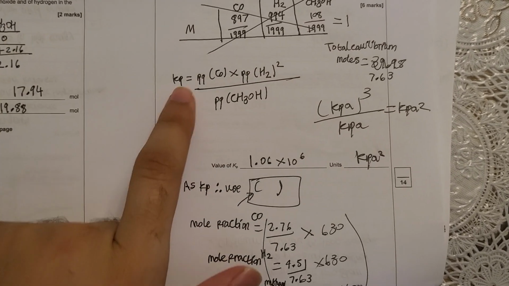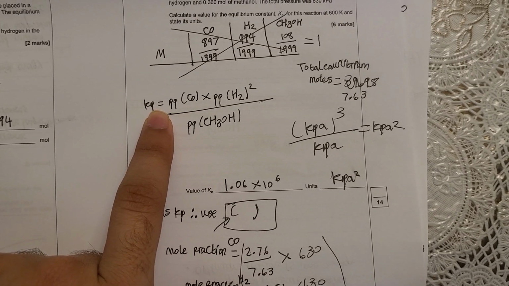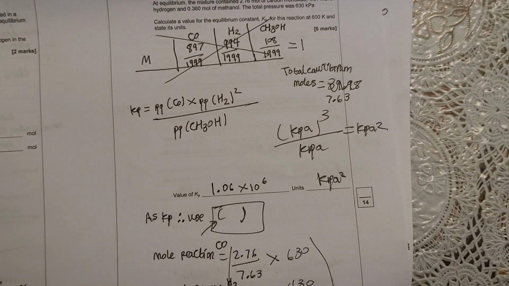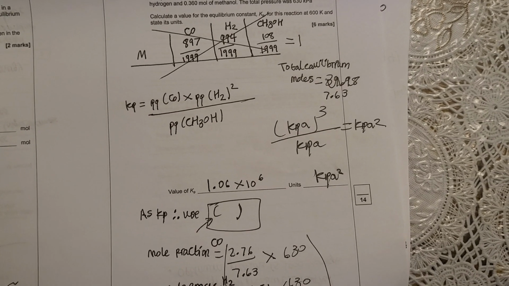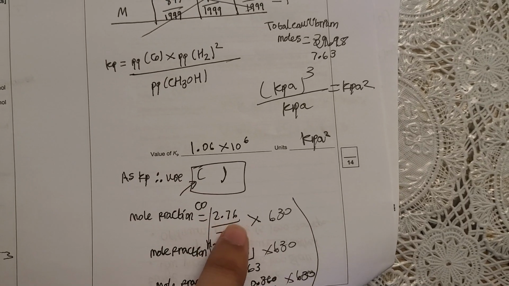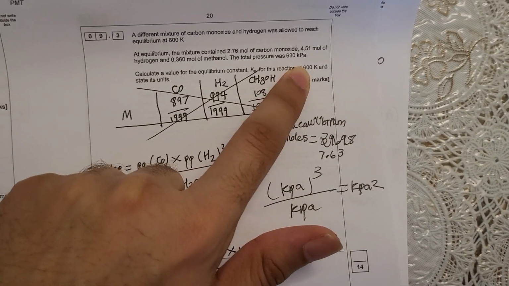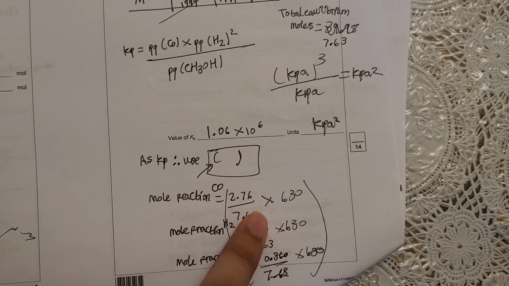So firstly, construct the Kp expression. And then realize I'm given the equilibrium moles of all of this, find out total equilibrium moles. Then realize, okay, well, now I need to find out the mole fraction. So equilibrium moles over the total equilibrium moles. Then I'm going to times by the total pressure, 630 kilopascals. So this is not actually the mole fraction. This is the partial pressures.